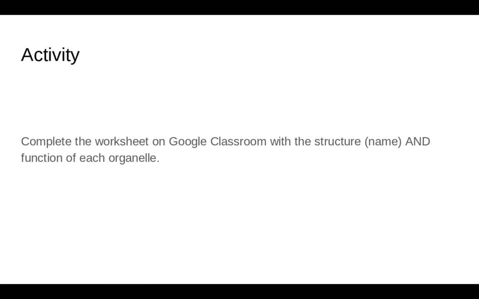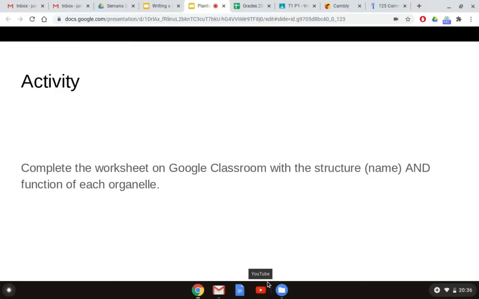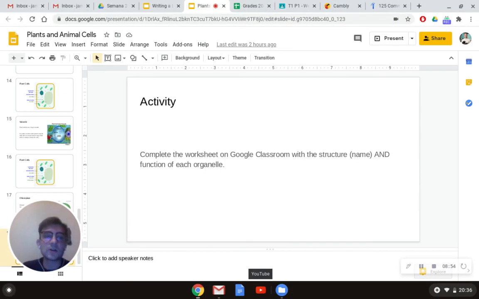Another one could be chloroplast, photosynthesis happens here, okay? So you've got to write the name of the organelle and the function. When you've finished, I want you to upload your worksheet to Google Classroom so I can check them.